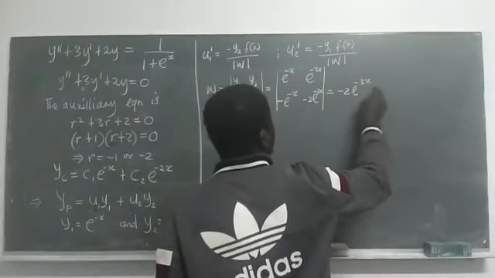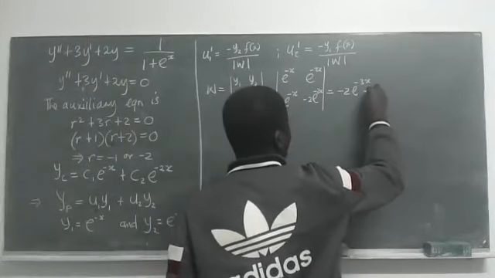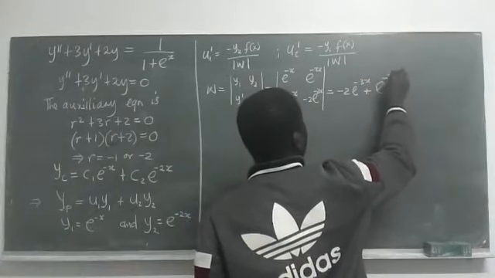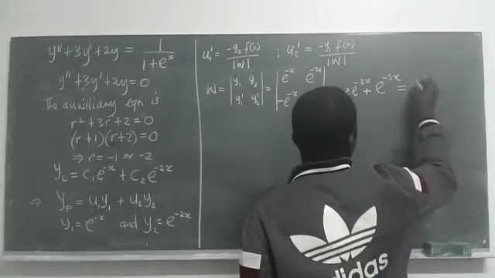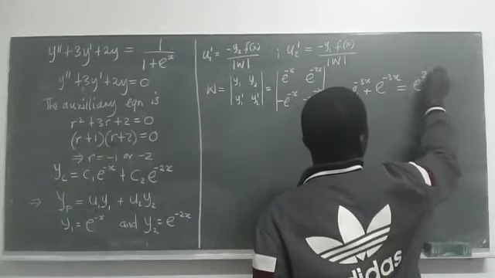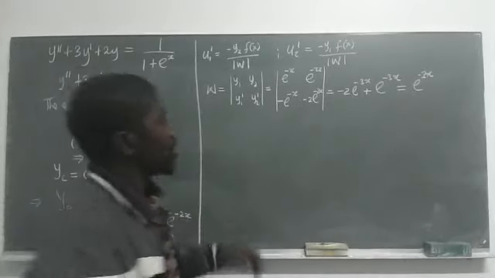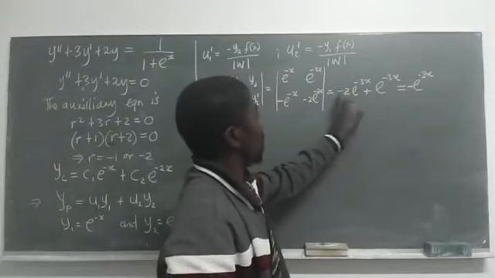Then minus this times that, because of this minus, it ends up being plus e^(-3x). So simplifying, you end up with -e^(-3x). But remember, it's negative here, because this is e minus that.